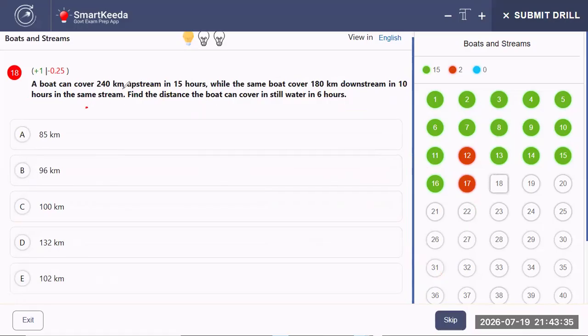A boat covers 240 kilometers upstream in 15 hours.